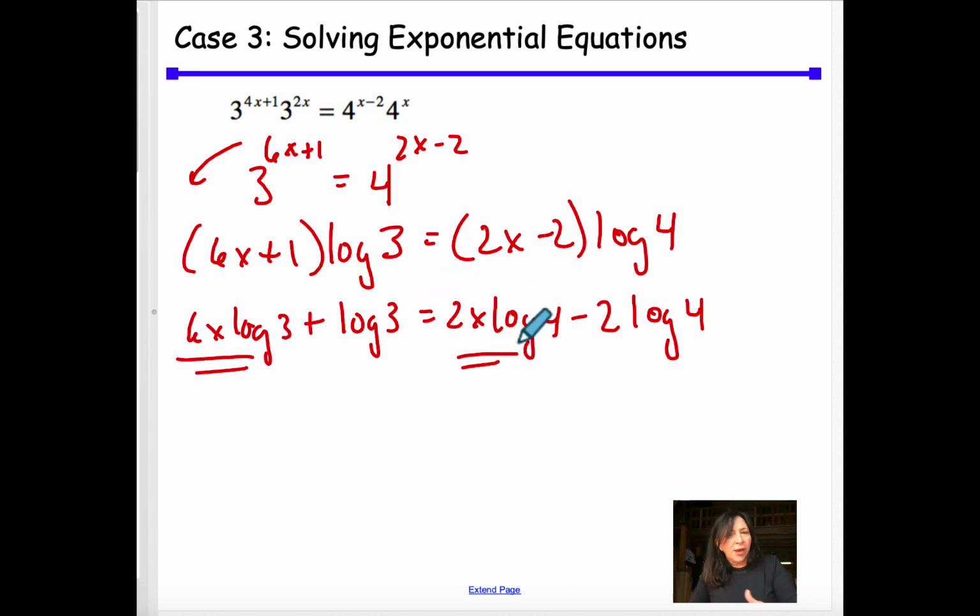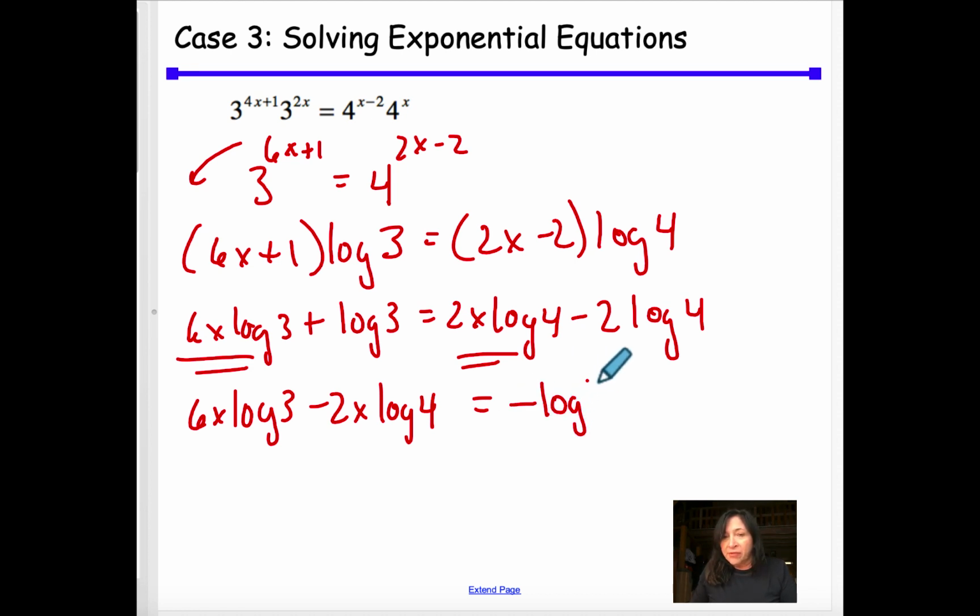So I'm going to move this 2x log 4 over to the left. So on the left-hand side, I get 6x log 3 minus 2x log 4. And then moving this log 3 over to the other side, I'm going to have negative log base 10 of 3 minus 2 log base 10 of 4.